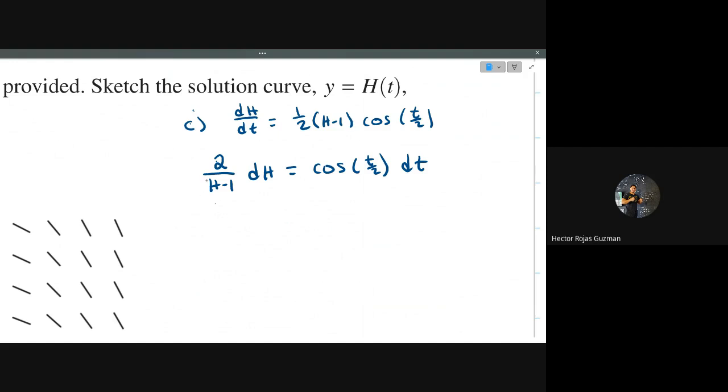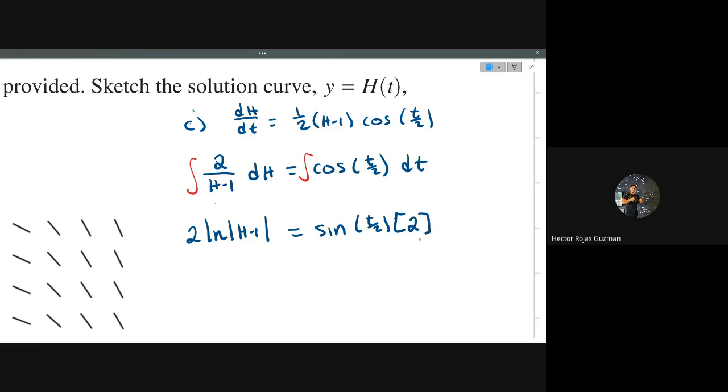The antiderivative of 2 over h minus 1, we're going to integrate. That's going to be 2 ln of h minus 1 equals sine of t over 2. And because the argument is a little more complicated than just t, I'm going to take my derivative, which is 1/2, but then I'm going to multiply by the reciprocal.